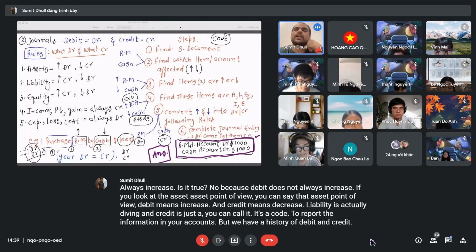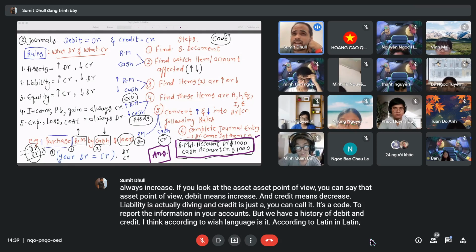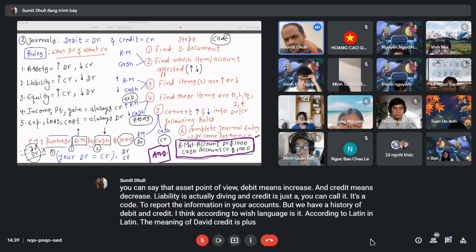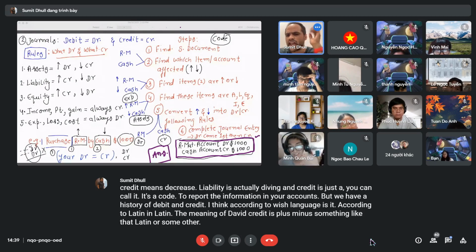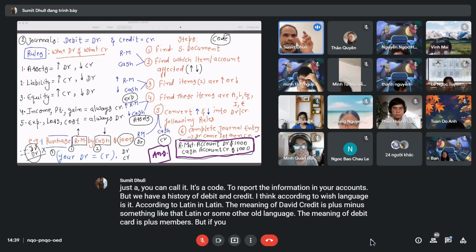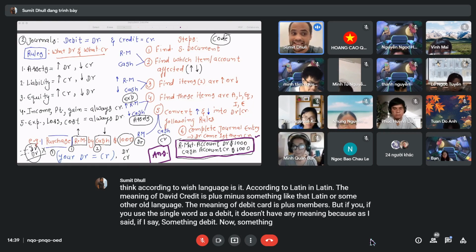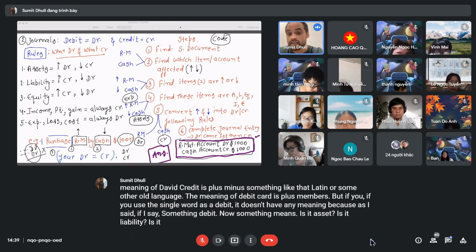We have a history of debit and credit. I think in Latin, or some other old language, the meaning of debit and credit is plus and minus. But if you use the single word debit, it doesn't have any meaning, because if I say something debit, is that something an asset, a liability, equity, income, or expense?